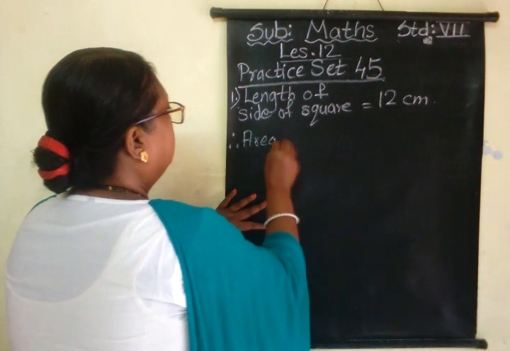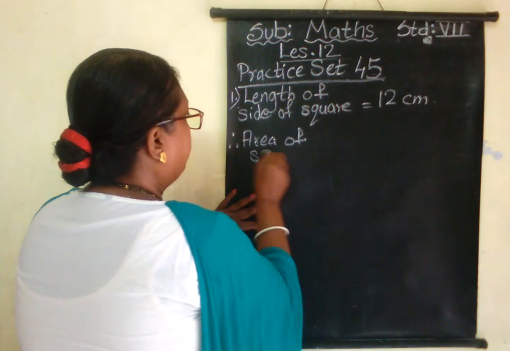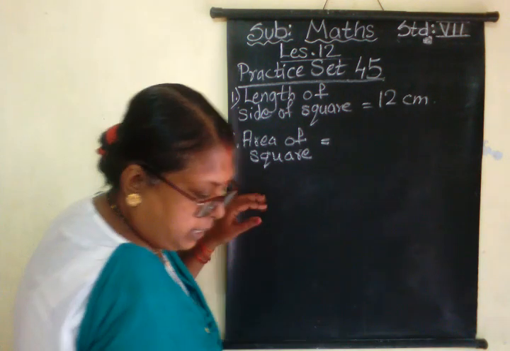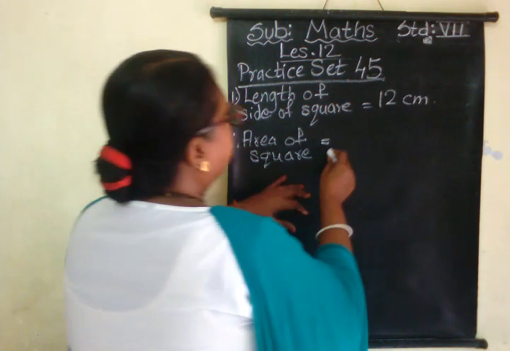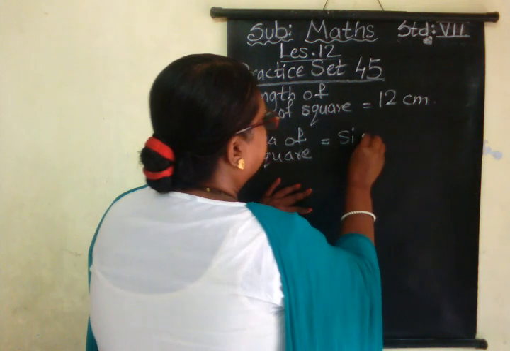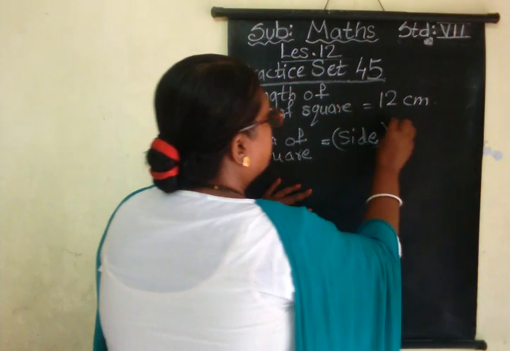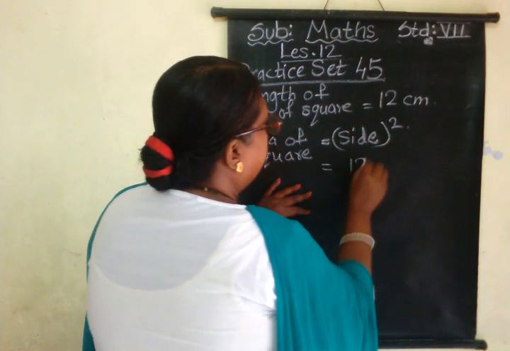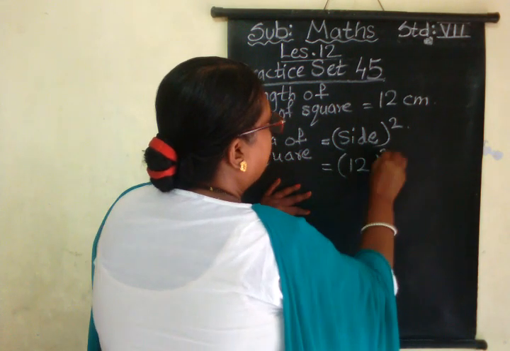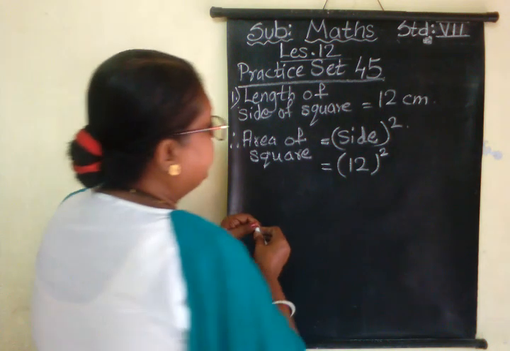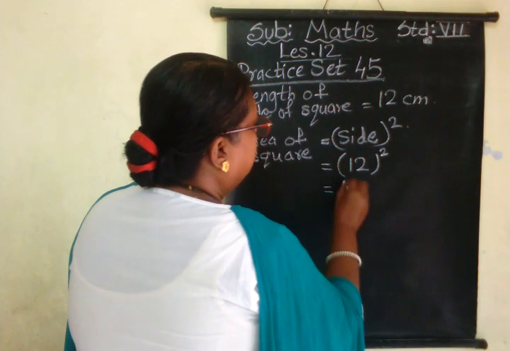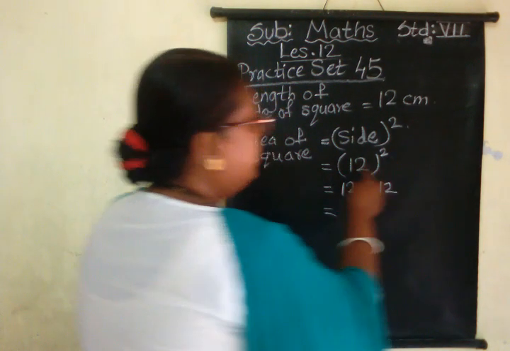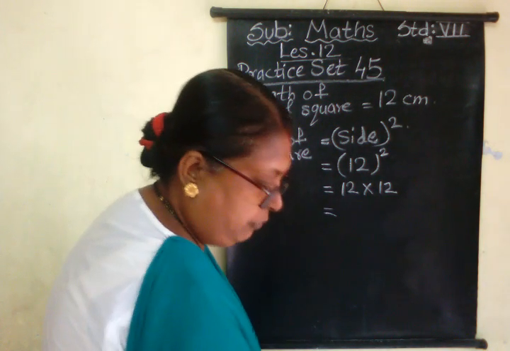Area of square is equal to side square, which equals 12 square. The meaning of 12 square is always equal to 12 multiplied by 12. Square means the same number is to be multiplied by itself 2 times.